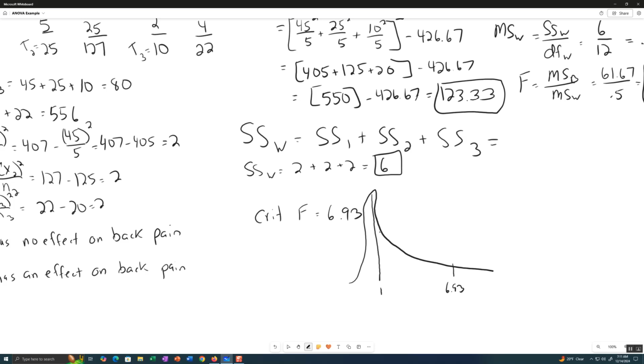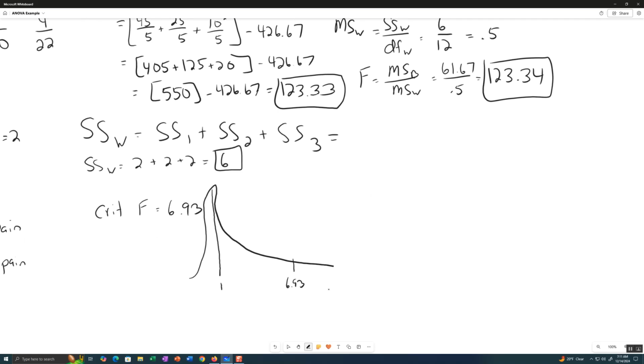And our actual value is just absolutely crazy. 123.34. So I'm off the page here. It's somewhere over here. 123. So it's basically off the whiteboard here. That's where our obtained value is.